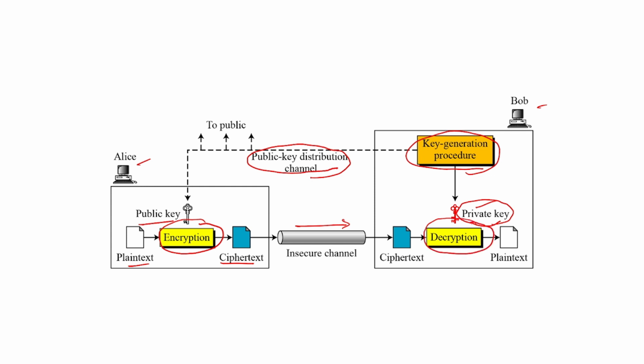So that is the difference between symmetric key and asymmetric key. Here we need to use two keys instead of one key. The encryption and decryption operations are performed in the form of calculations. Whatever the plain text is, it will be converted into values.